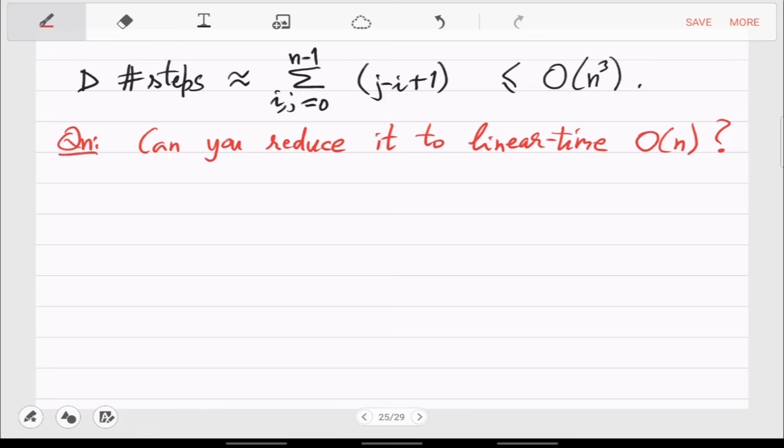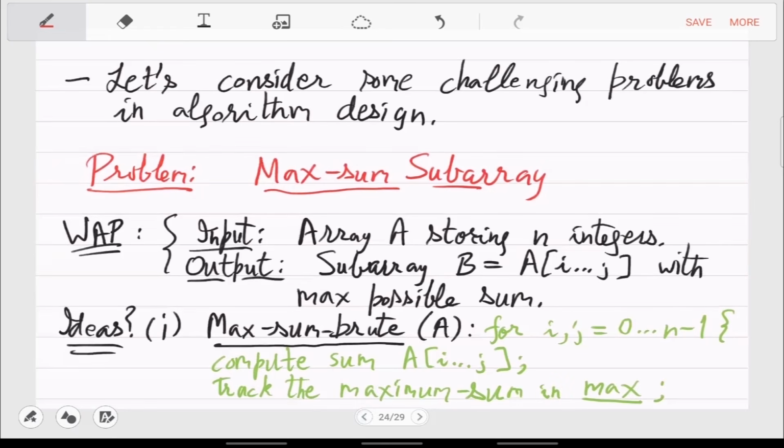So what he is suggesting will work, but the way to say it is that instead of using two indices i, j, what you can focus on is just one index j, and you try to calculate the maximum subarray that ends at j.